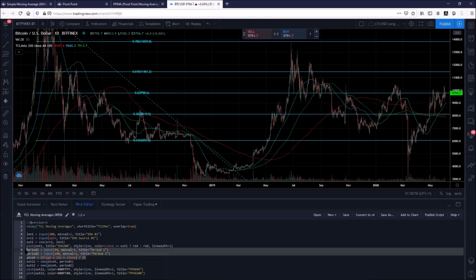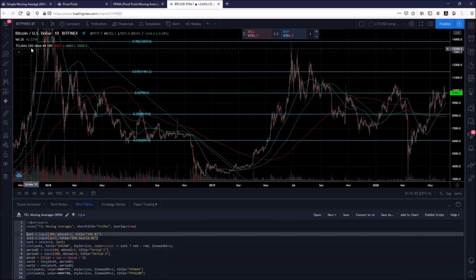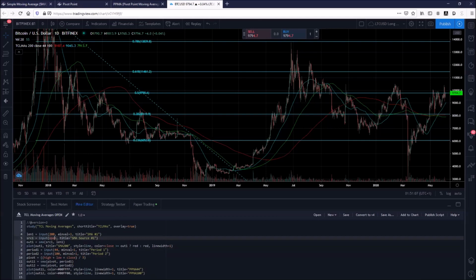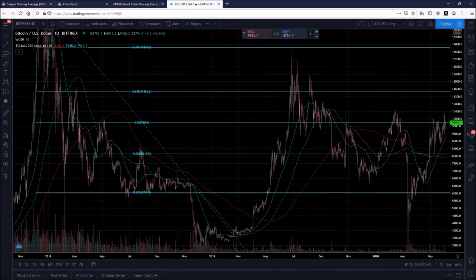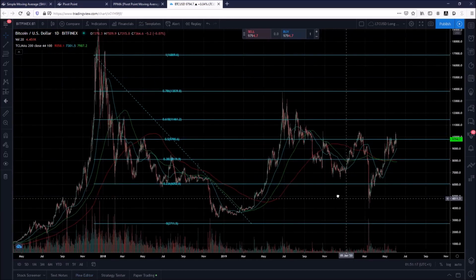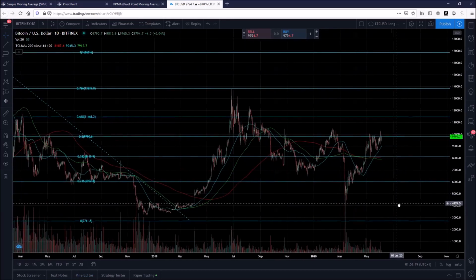So I can look at this and go, these two, the 44 and the 100, are my pivot point moving averages. And this one right here is my simple moving average. It's a 200 period, and it's using, in this case, my script, because I changed it, the open, but the default TCL public one will say close, uses the closing price. So that hopefully gives you a little bit more information about moving averages and how we're using them.